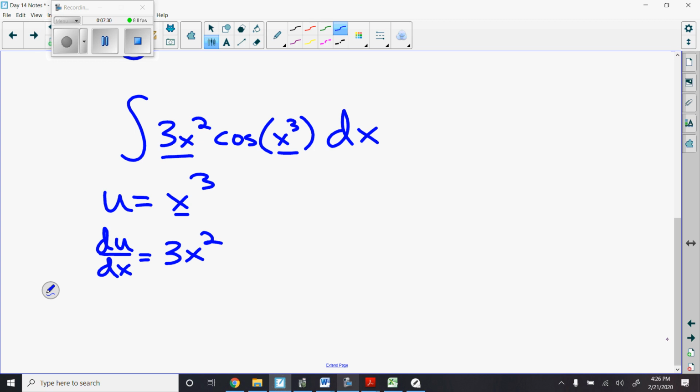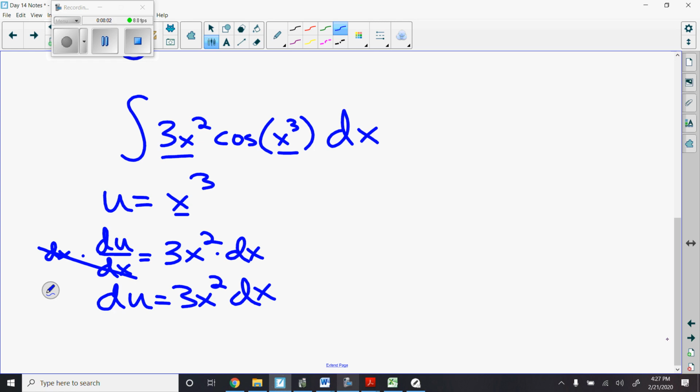The one kind of funky thing I do here is I like to get it so it says du only. So in my head, I'm just going to multiply both sides by dx. Eventually, we'll just write du equals, but this is where it's coming from. And what I get is du equals 3x squared dx.